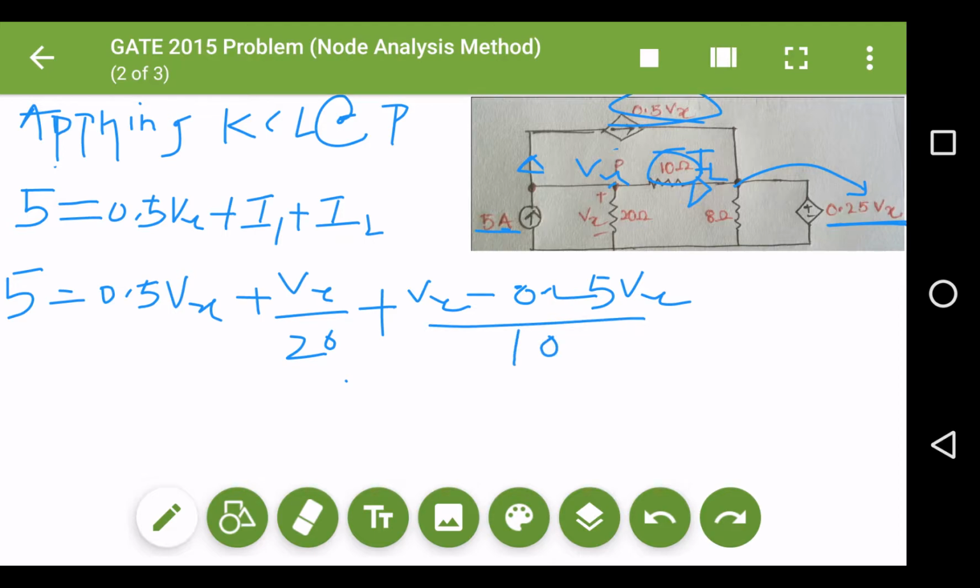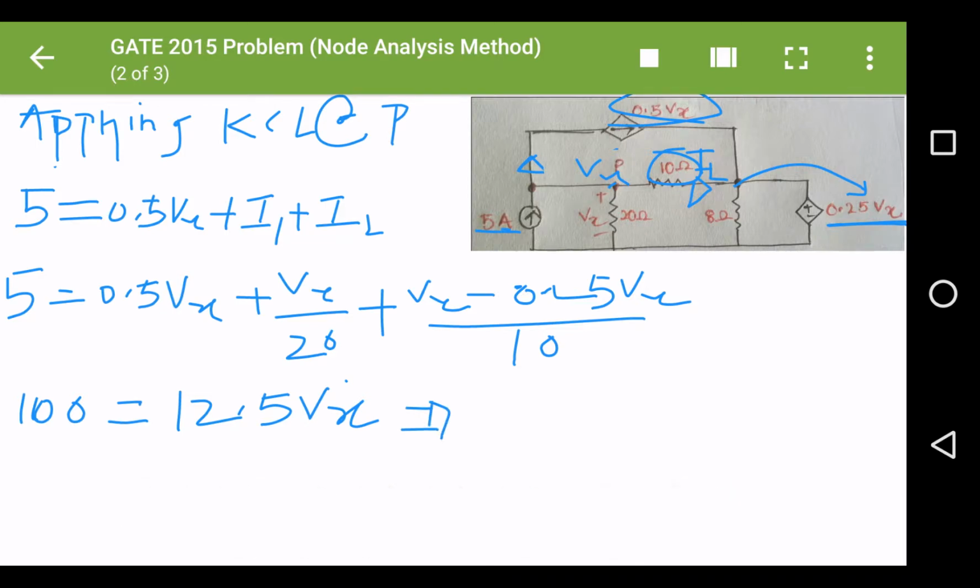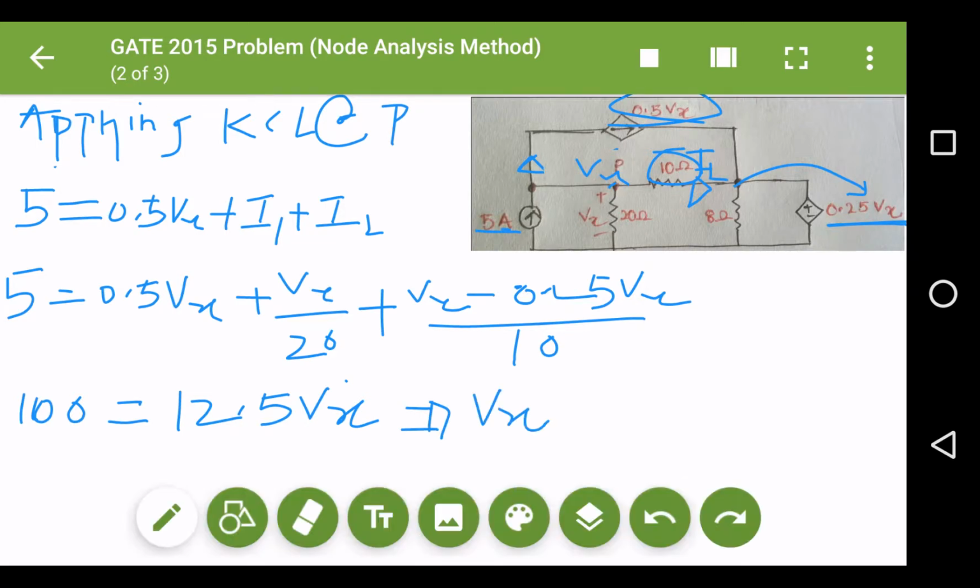Now you just need to take the LCM, and by taking the LCM you will get 100 equals 12.5 Vx. Therefore our Vx equals 100 upon 12.5.